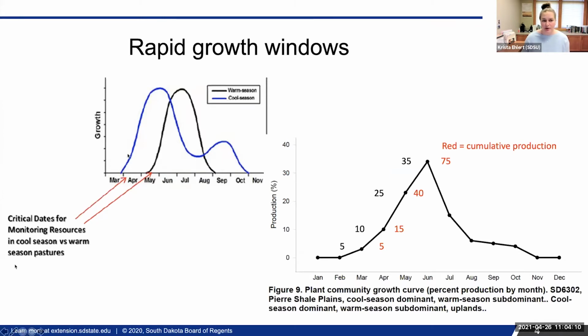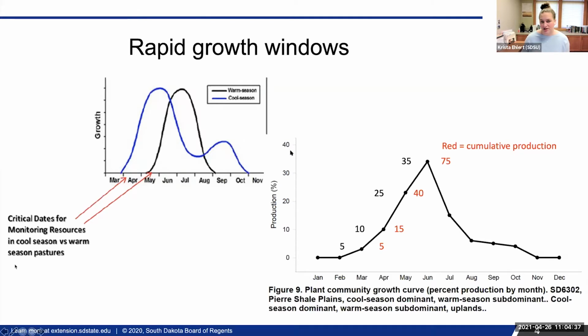So we have rapid growth occurring in that May, June time period for our cool season grasses, which means that the precip that we receive immediately prior to and during those rapid growth windows is most critical for that plant to produce. You can see in this bottom right photo, we have a plant community growth curve of a cool season dominant plant community.